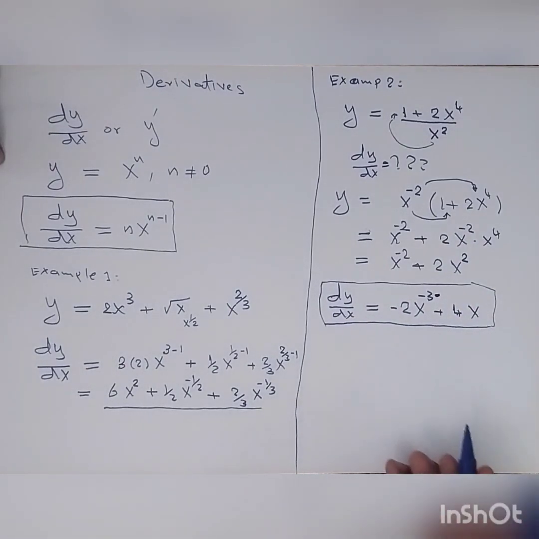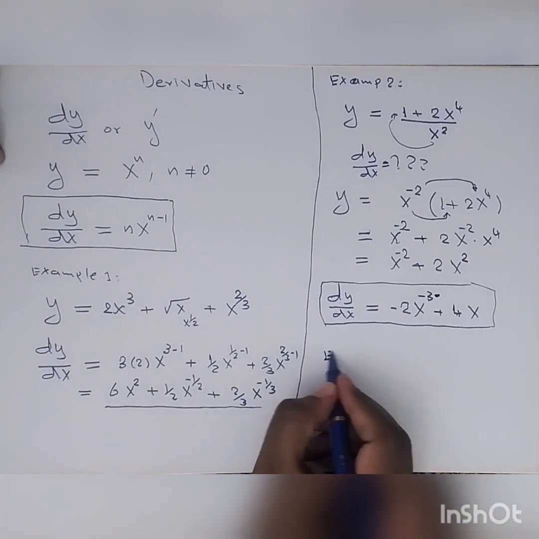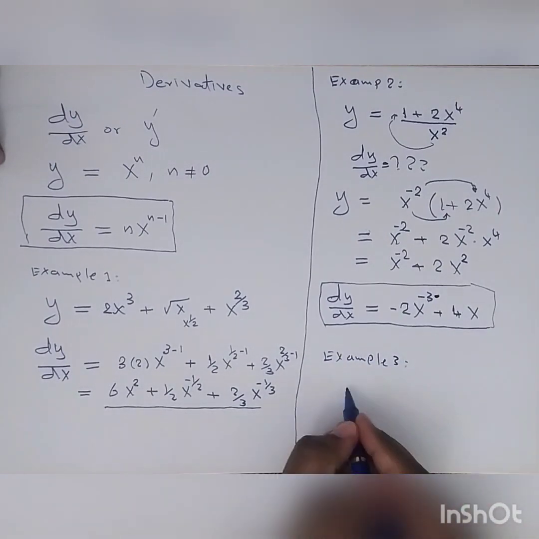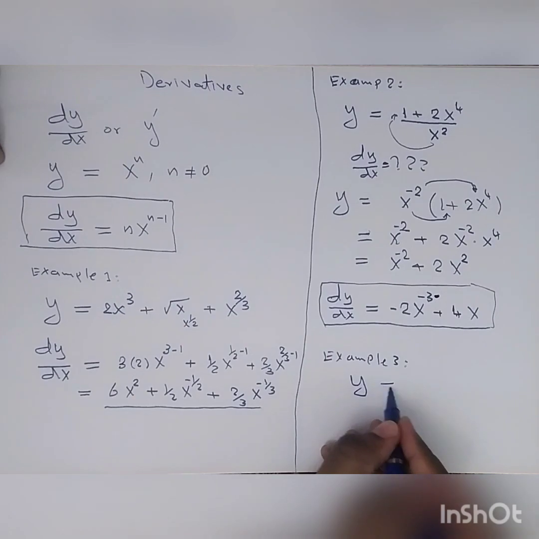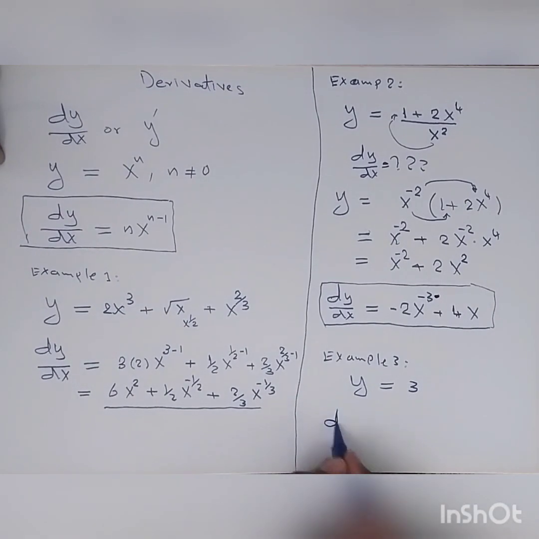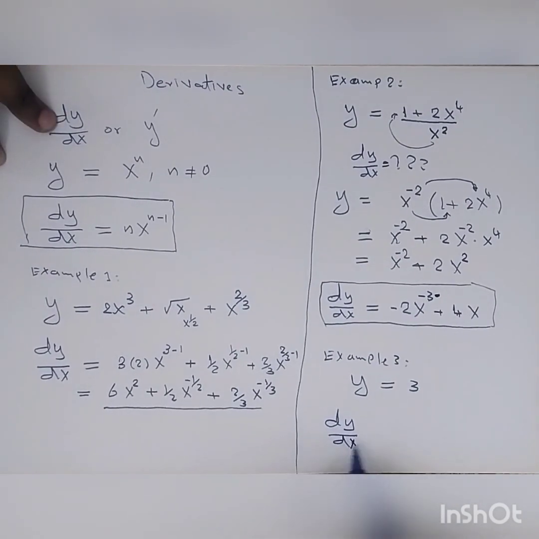Now there are some rules. So we already know that example 3: if you have a function that is any constant, let us say 3, then in this case dy by dx is equal to 0, because the function is independent of x.